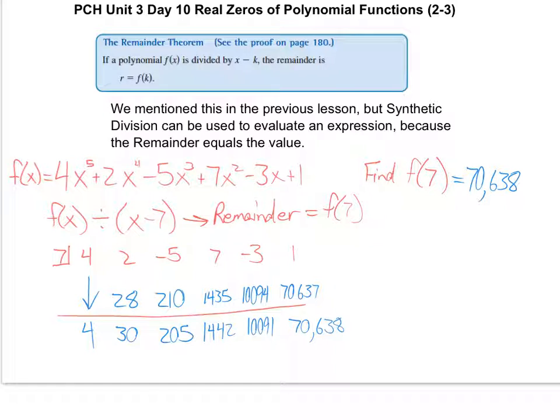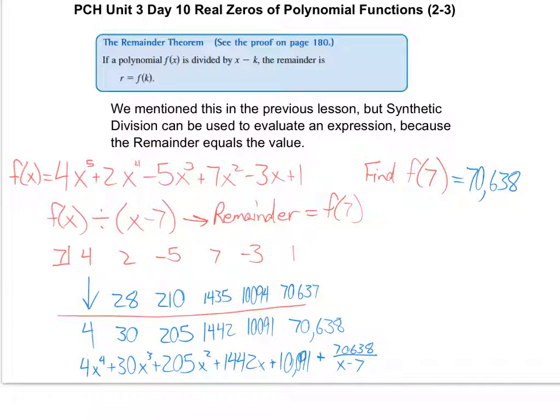Now, if we were to actually do the division, f of x divided by x minus 7, we would have gotten 4x to the 4th plus 30x cubed plus 205x squared plus 1442x plus 10,091, plus 70,638 over x minus 7.